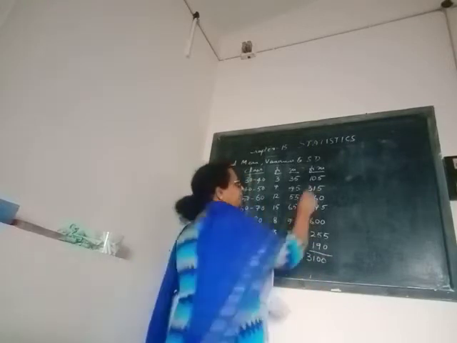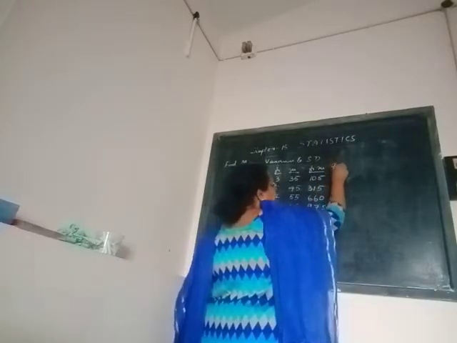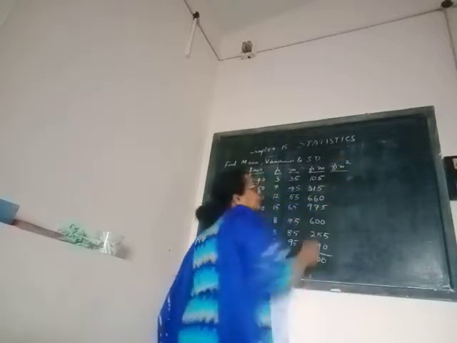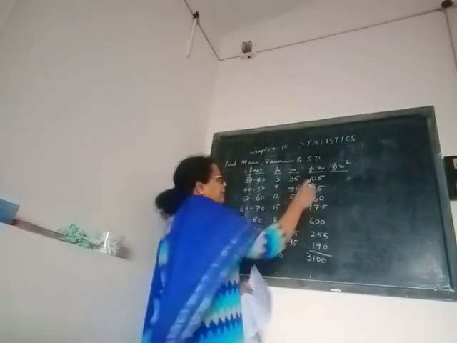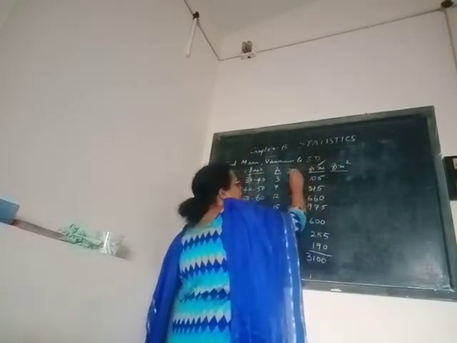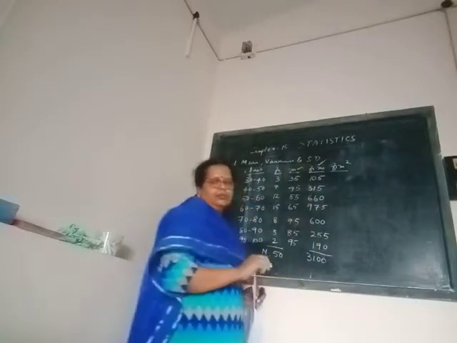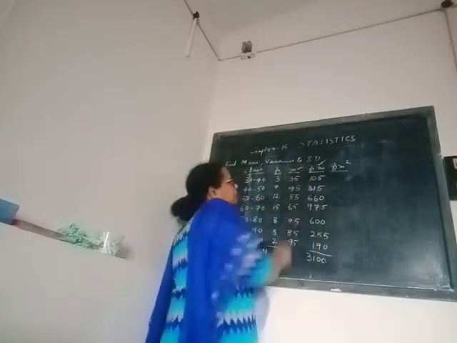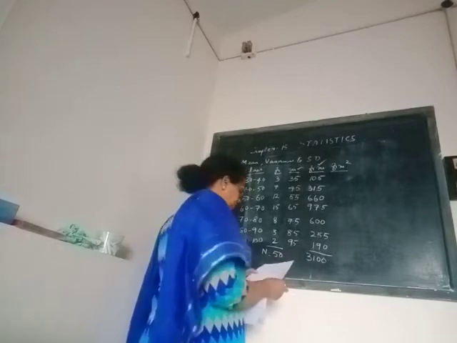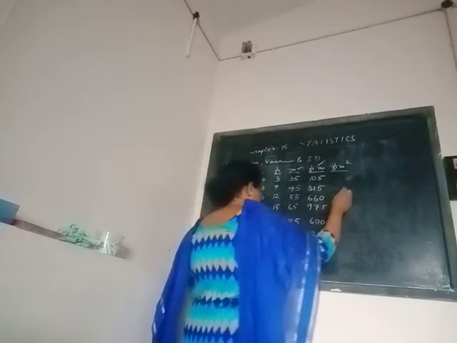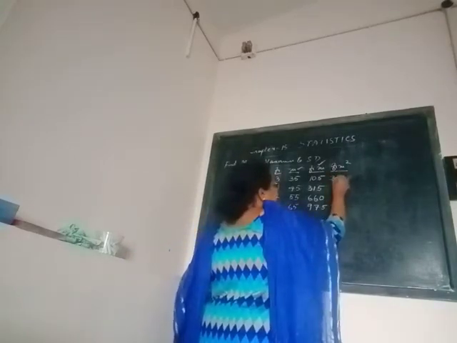You will get it as 3100. Then find fi xi squared. Fi xi squared means fi xi into xi. Multiply these columns. 35 into 105, so it is 3675.